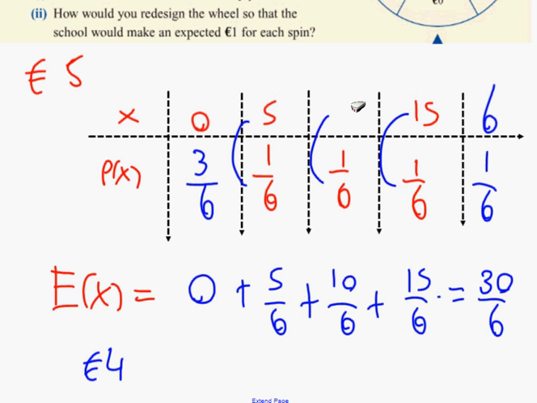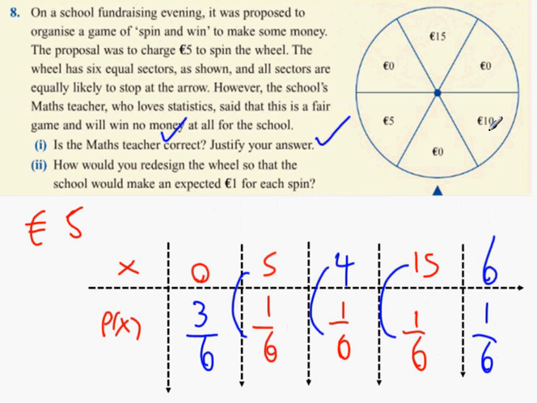It was the number 10, but instead of using 10, I'm going to use a number that's 6 below 10. 4. So if I make that €4 instead of €10, we'll now have a score of 24 over 6, which is €4. So all I had to do to redesign the board was to change the 10 into a 4, and that fixes it up. Okay, guys, that's us.